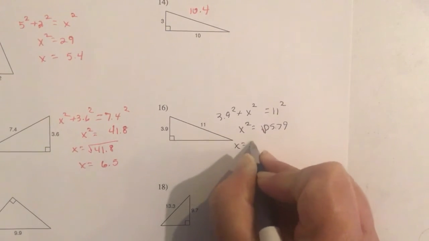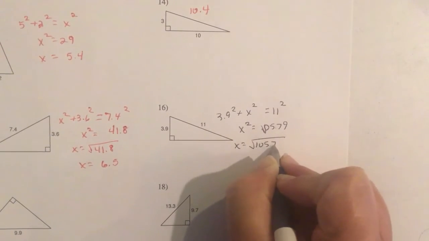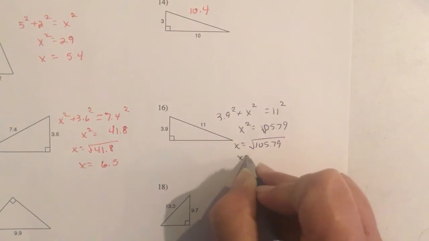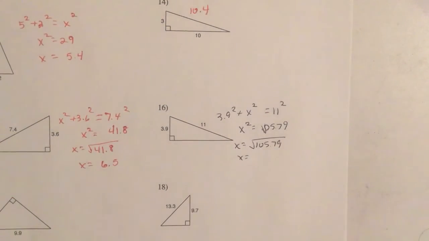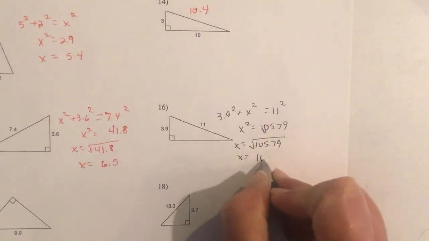And then you must square root 105.79. And it's going to round to about 10.3.